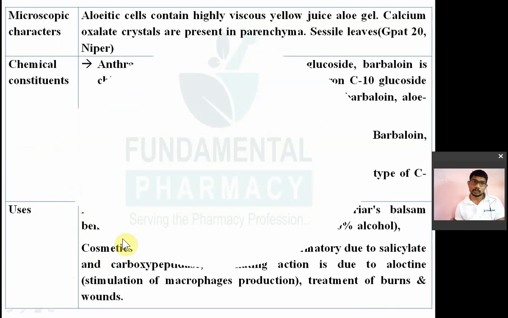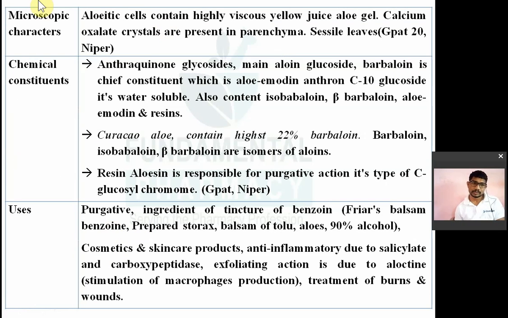So, microscopic character. Okay, so microscopic character में एक point important है आपका यहाँ पे. Aloetic cells. Aloetic cells consist of a viscous yellow liquid or yellow juice known as aloe gel. Okay, so whatever the aloetic cells are present in the leaf of aloe vera, that cell secretes and contains viscous yellow juice known as aloe vera juice.